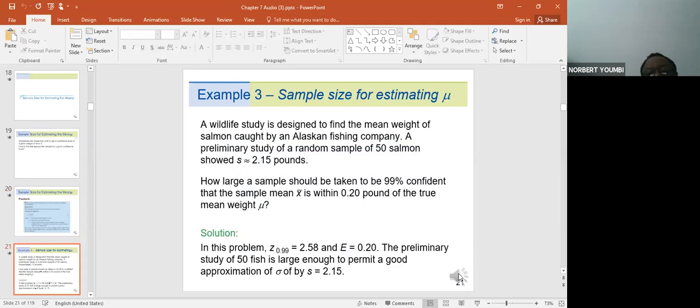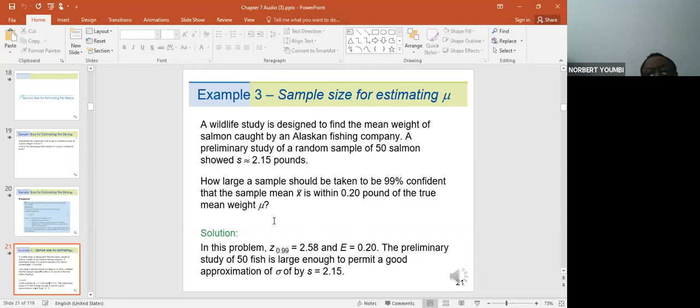Example: a wildlife study is designed to find the mean weight of salmon caught by an Alaskan fishing company. A preliminary study of a random sample of 50 salmon showed S equals 2.15 pounds. How large a sample should be taken to be 99% confident that the sample mean is within 0.2 pounds of the true mean weight? If it is within 0.2, we consider this 0.2 as the margin of error, so E equals 0.2.